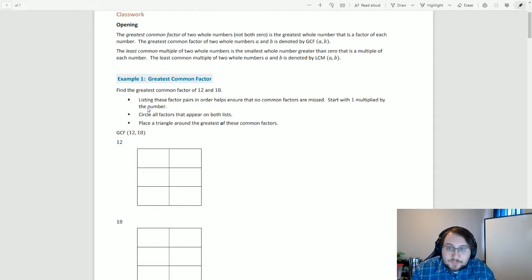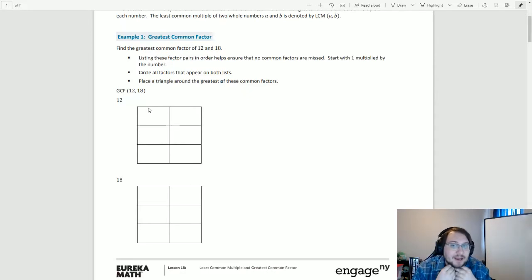So first up, let's look at greatest common factor. We're going to be finding the greatest common factor of 12 and 18, just like we had already talked about. Listing factor pairs helps ensure that we don't miss any common factors. We're going to start with 1 multiplied by the number.